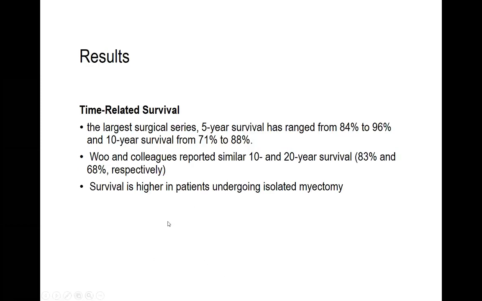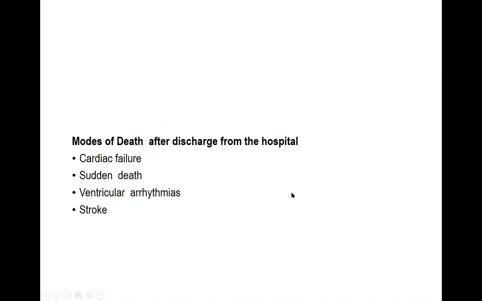Time-related survival. In the largest surgical series, 5-year survival ranges between 84 to 96%, and 10-year, 71 to 88%. Wu and colleagues, from Stanford in California, reported similar 10 and 20 year survival. Survival is higher in patients undergoing isolated myomectomy. What are the modes of death after discharge from hospital?